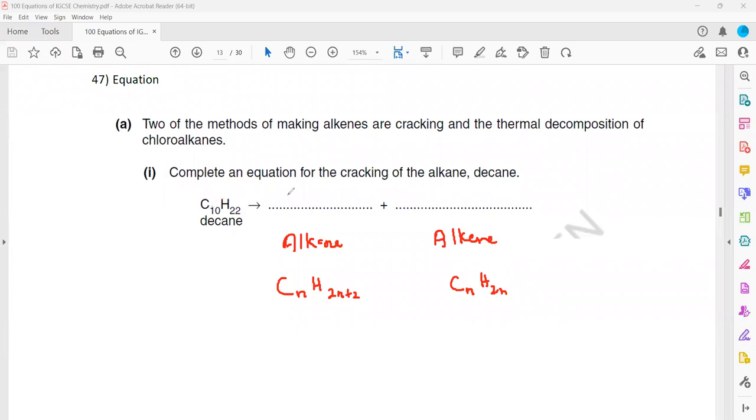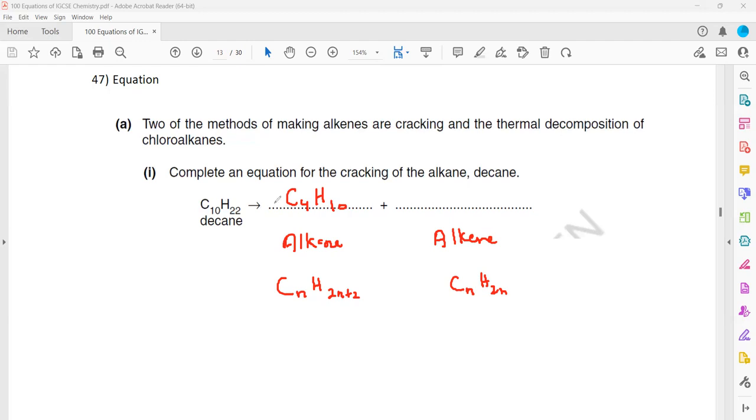Because there are 10 carbons, it is up to you; any combination you can select. For example, if you select C4 and want to make an alkane, the number of hydrogens should be twice plus 2, so it should be C4H10.